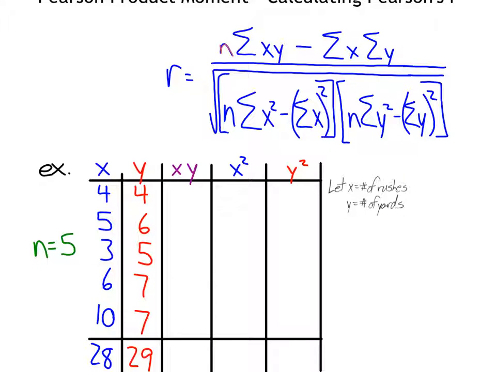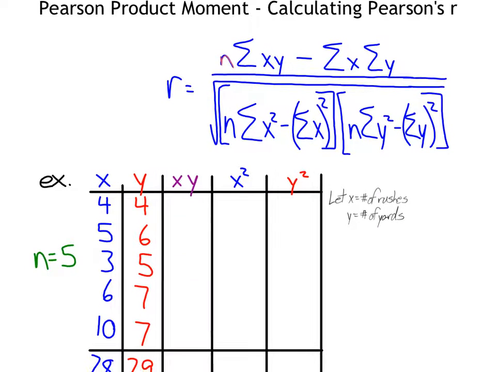All of these are sums, but pay attention to what they're the sums of. Here, we're multiplying all the x's and y's together and then adding up those products. So you'll notice I put my data into a little table.